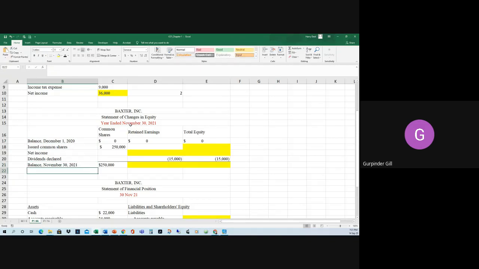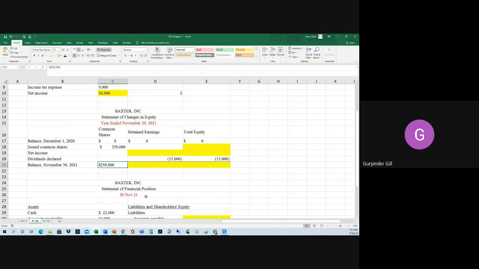If the year is ending on November 30th, 2021, then it must have started on December 1st, 2020, ending on November 30th, 2021. They have given us the 250,000 raised by issuing common shares, and this was done in that 12-month period. So the total common shares is $250,000.